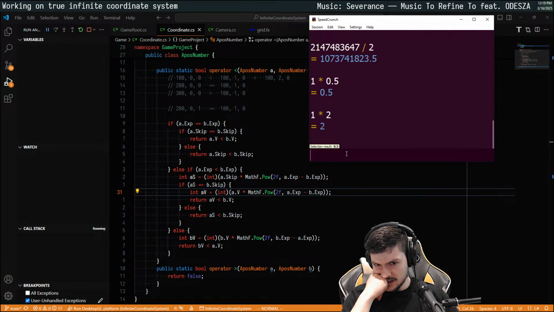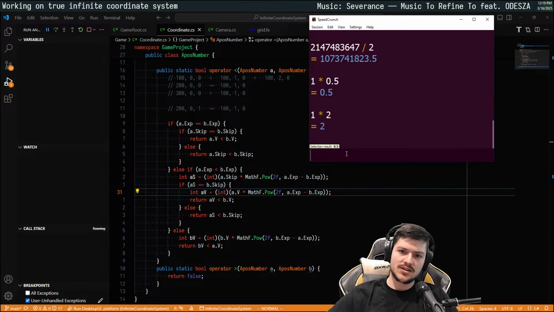In other words, then it's the opposite, right? You have to bring the skip from the bigger one down to the smaller one to make the math simpler.